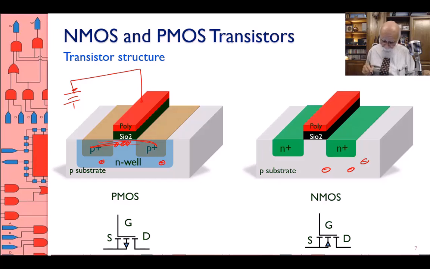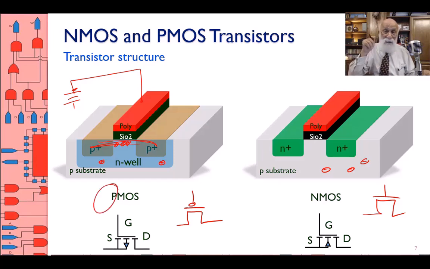This is a symbol for PMOS. We will be using the simplified notation. This is a symbol for NMOS. NMOS meaning N-channel, negative channel, metal oxide semiconductor transistor. This one is PMOS, that means positive channel MOS transistor.